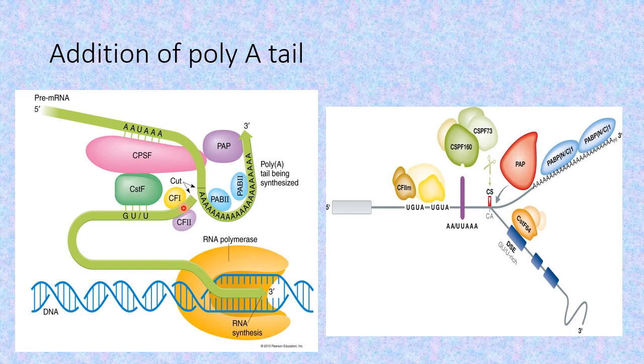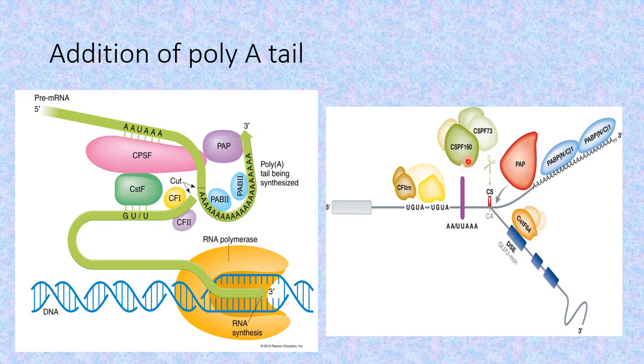So basically this CPSF, which is also known as CSPF, has two domains, the 160 domain and the 73 domain. Domain, we know, is the site or the part of the protein or enzyme.